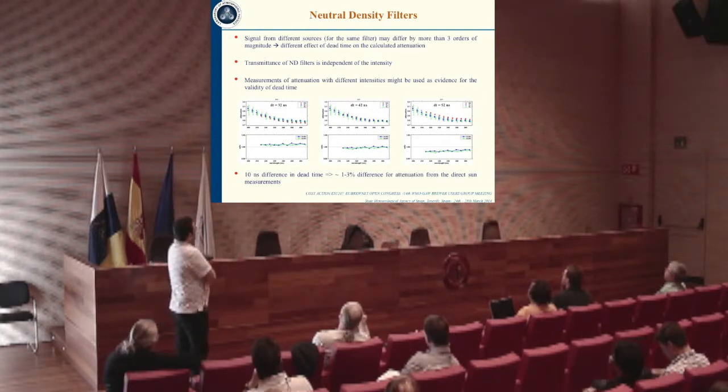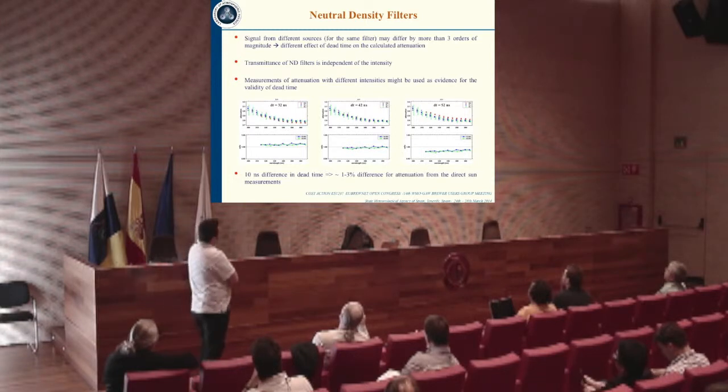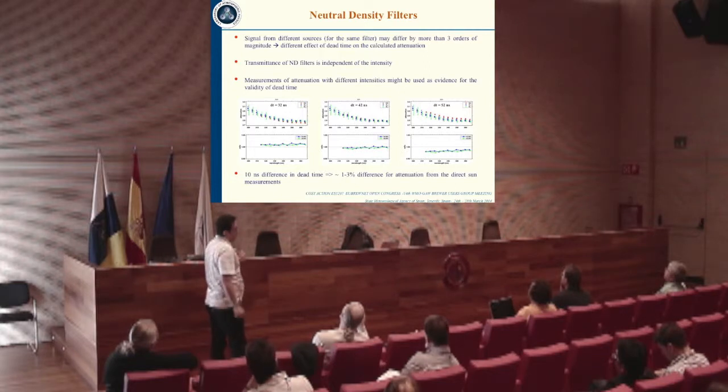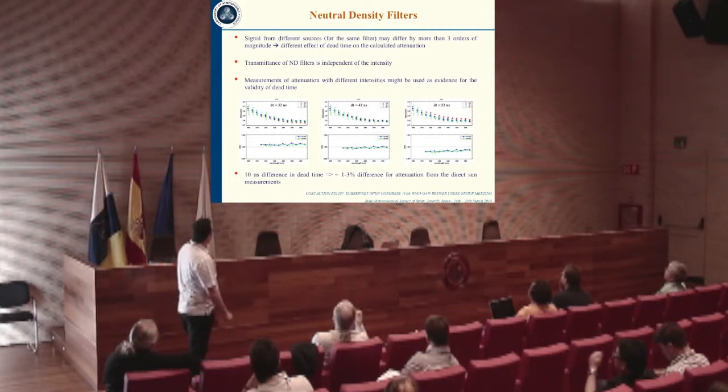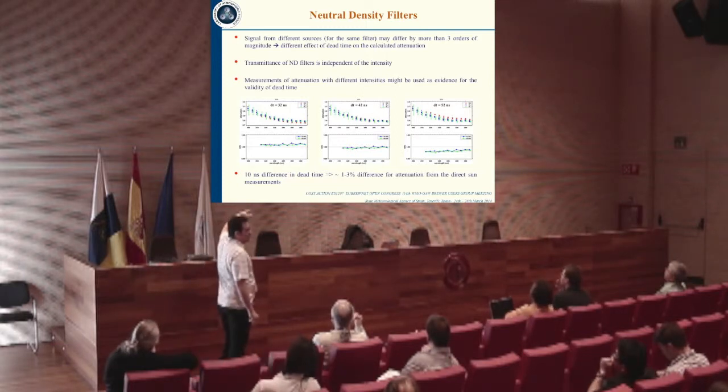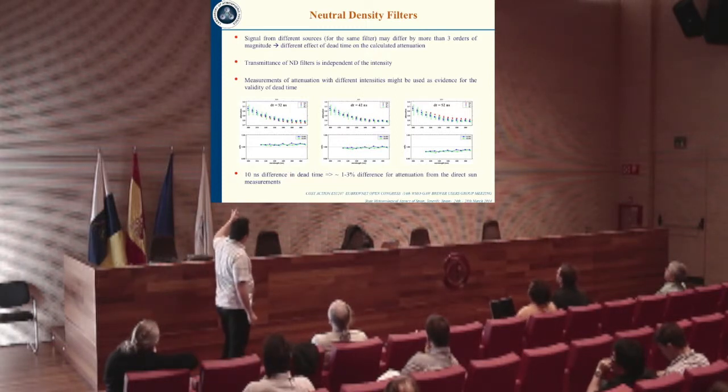We also know that the transmittance of neutral density filters is independent of the intensity. Thus, measurements of the attenuation with different intensities might be used as evidence for the validity of the daytime. The graphs here are the same as in the previous slide.